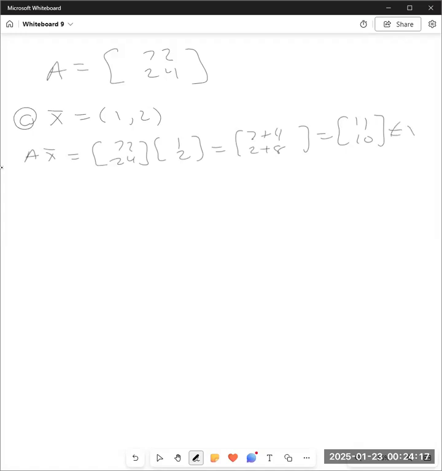So this is not equal to lambda times 1, 2. So x is not an eigenvector of A.